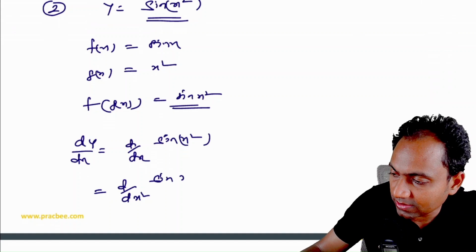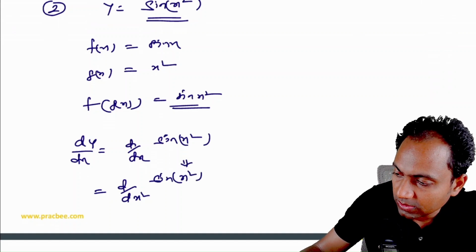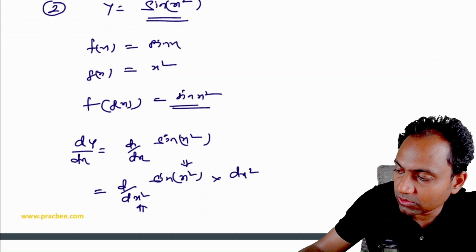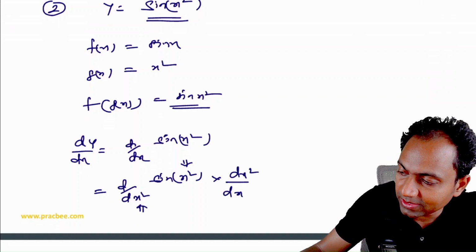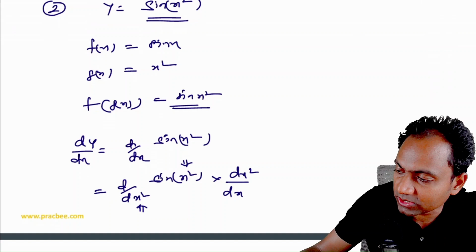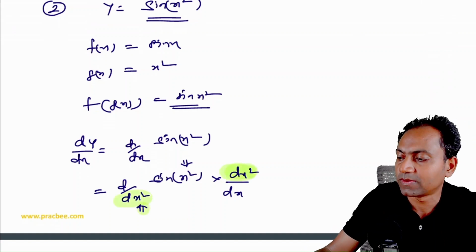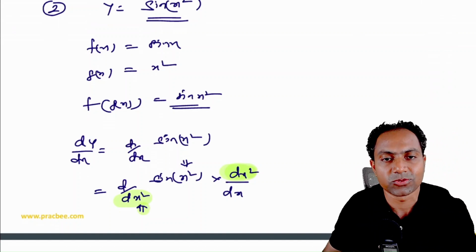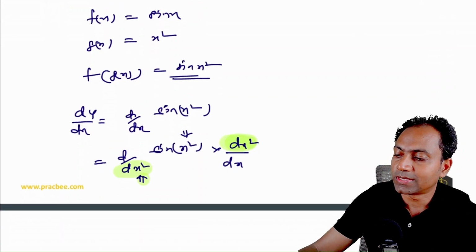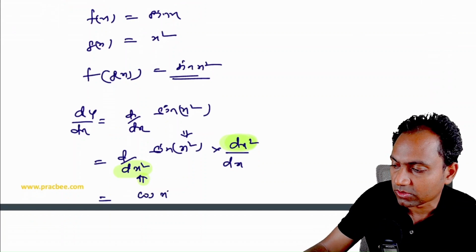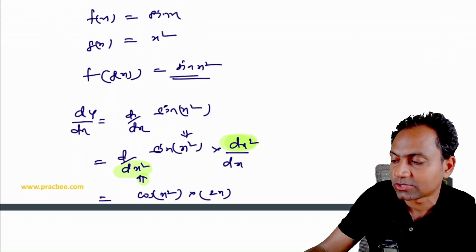The same derivative we are doing, and in order to balance things out, we are multiplying by d(x square) and dividing by d(x square). This is Leibniz simplification. This part will simplify to d by dx only. And by doing this, you have done this question. So differentiation of sine x is nothing but cos. In place of x, we'll write x square. Differentiation of x square becomes 2x.